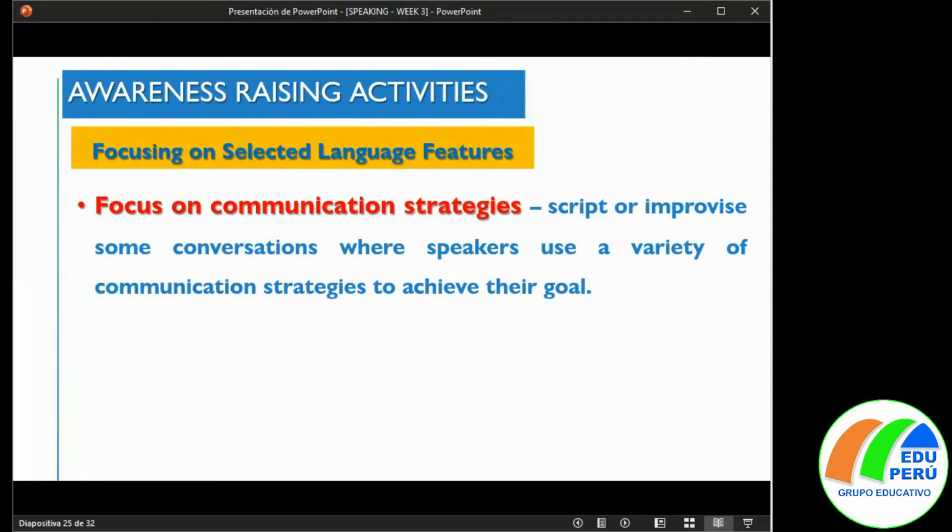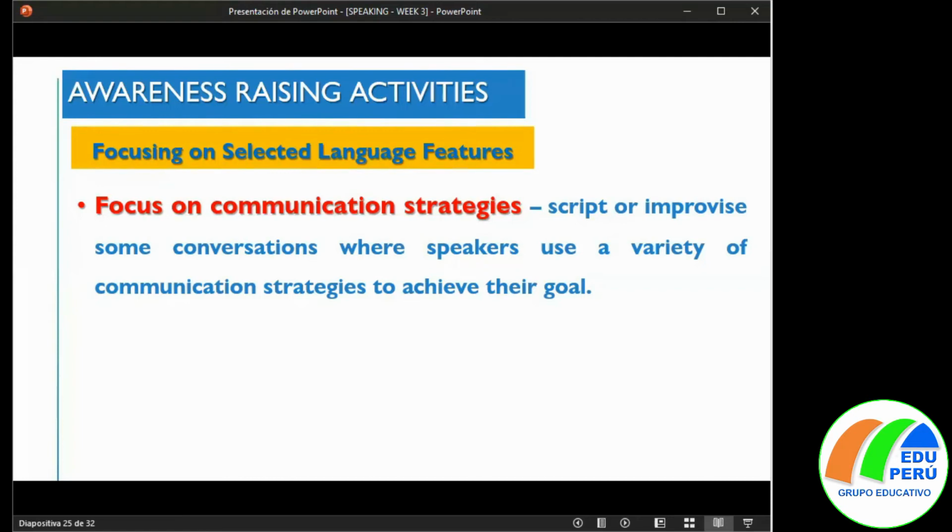So you can give your students some conversations or dialogues or anecdotes or stories in this oral test, so they could recognize, they could notice different strategies to communicate and achieve their goal.